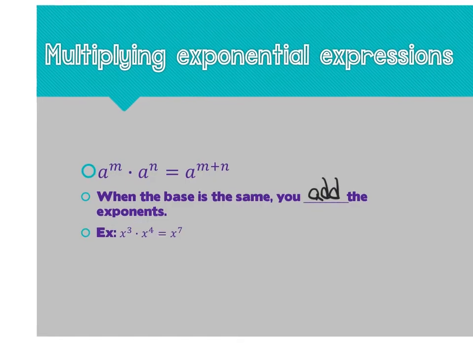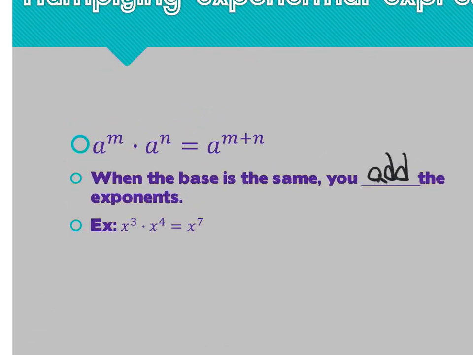In this particular example, they have a to the m times a to the n. Notice the base is the same. The base is a, and to figure this out, you just add the exponents. In the example here, the base is x, so you just add the two exponents, 3 plus 4, and you write x to the 7.